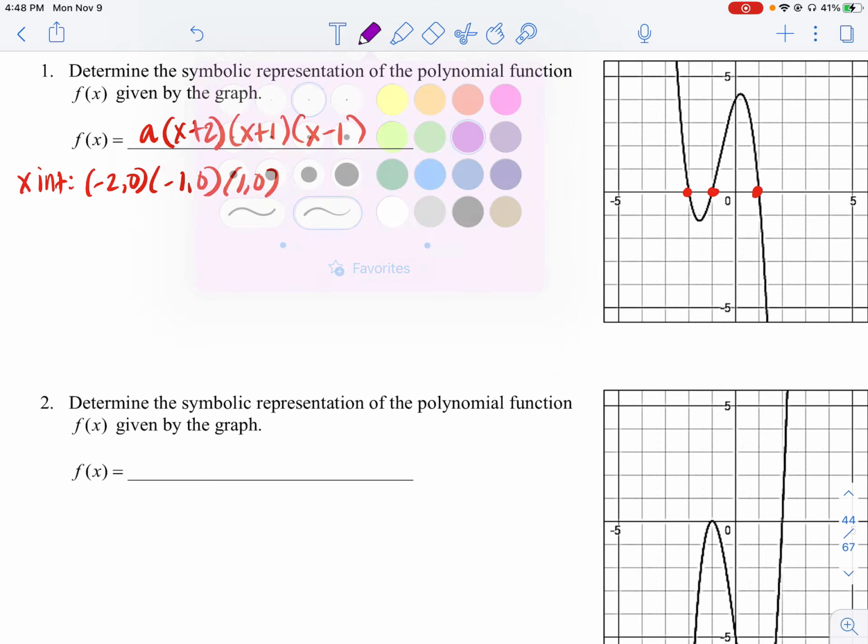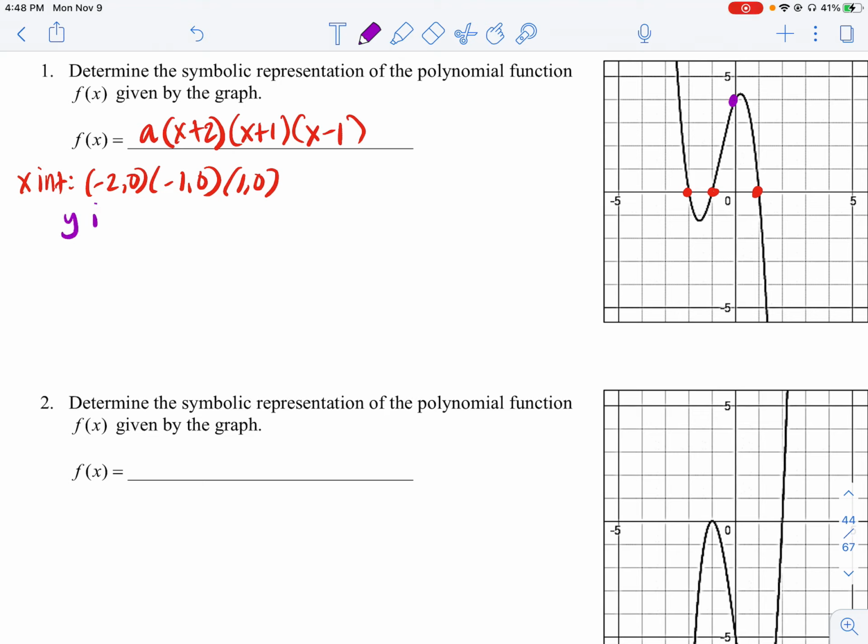It's right here. Our y-intercept is 0 comma 4.